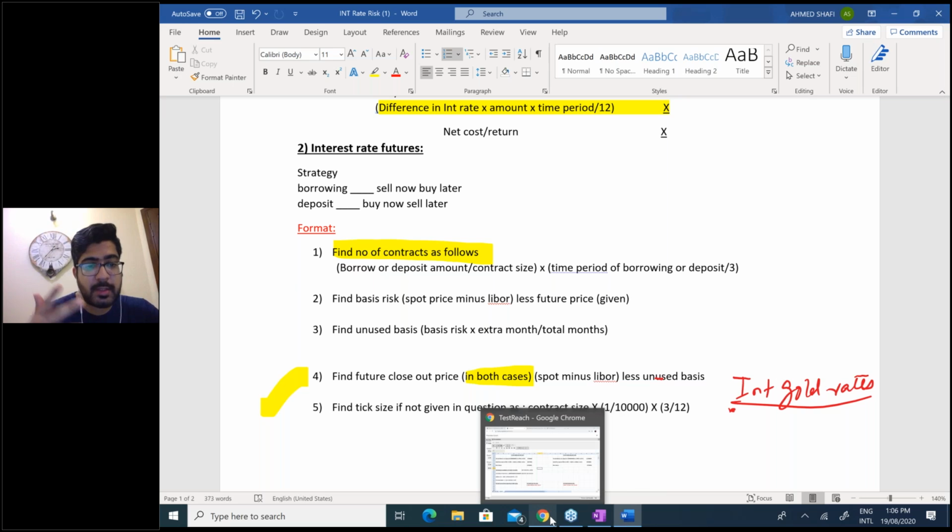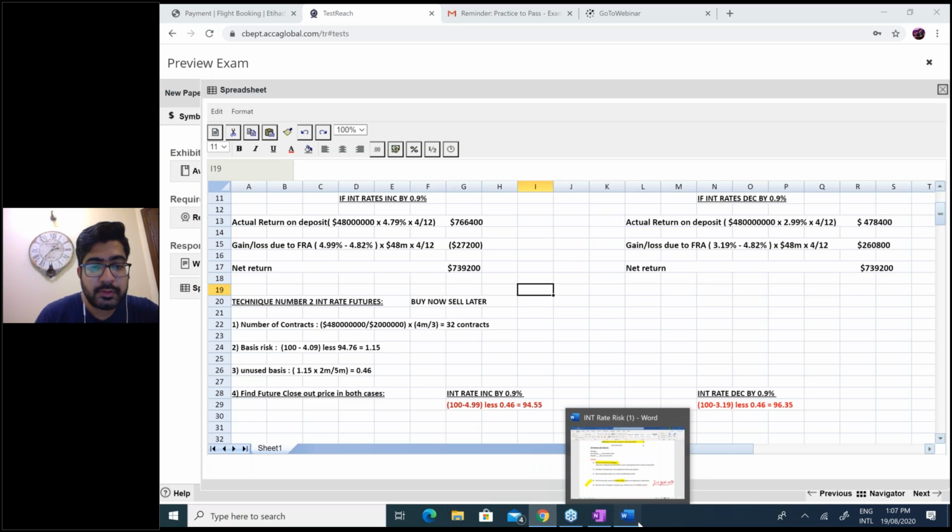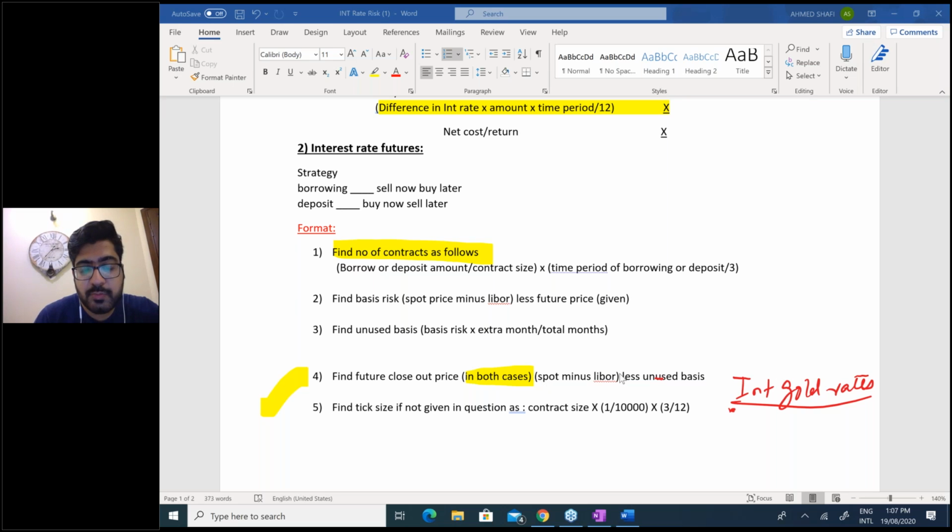You have just calculated the unused basis in the above step, 0.46.